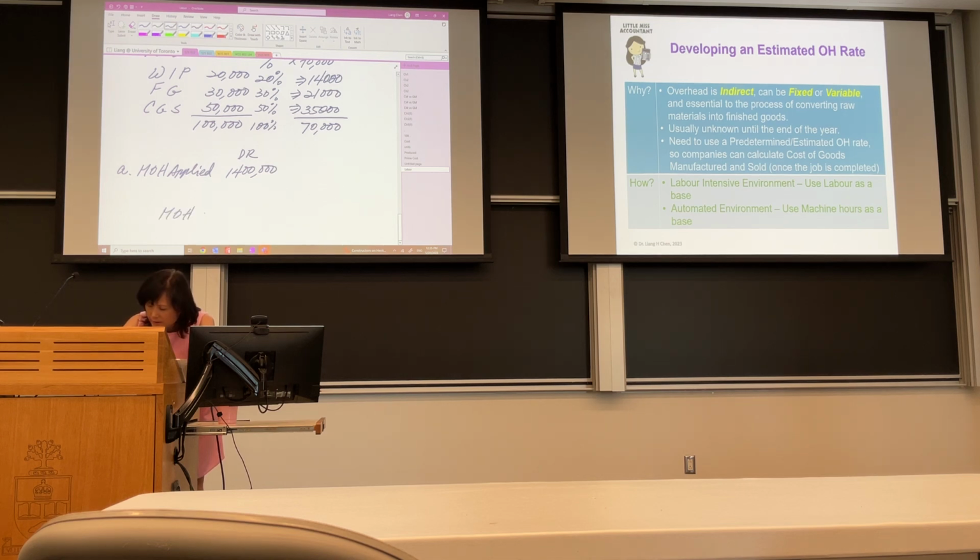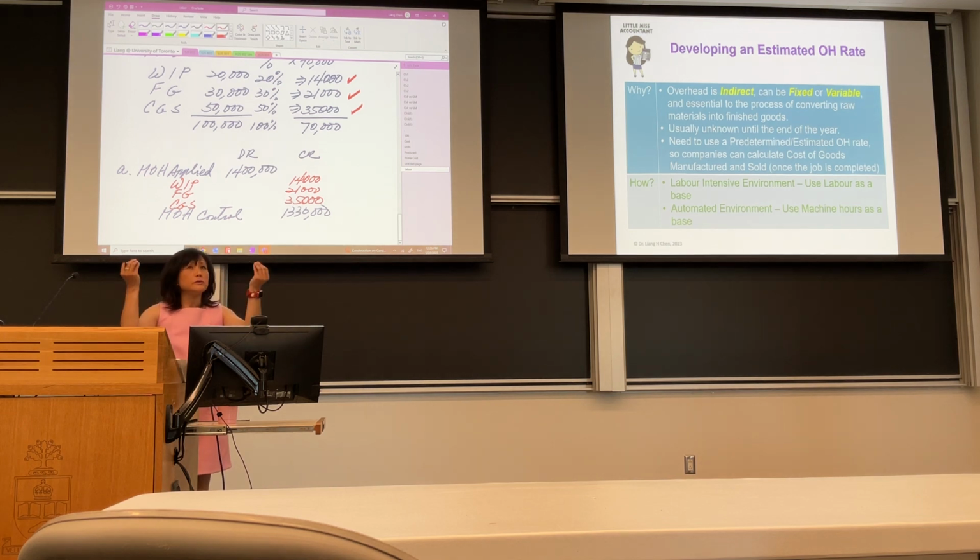Manufacturing overhead, control, credit, 1.33 million. Now the 3 accounts, I already figured out here. Work in process, 14,000. Finished goods, 21,000. And cost of goods sold, 35,000. So one amount, 70,000 split into 3 ways. Are we okay? Makes sense to you?